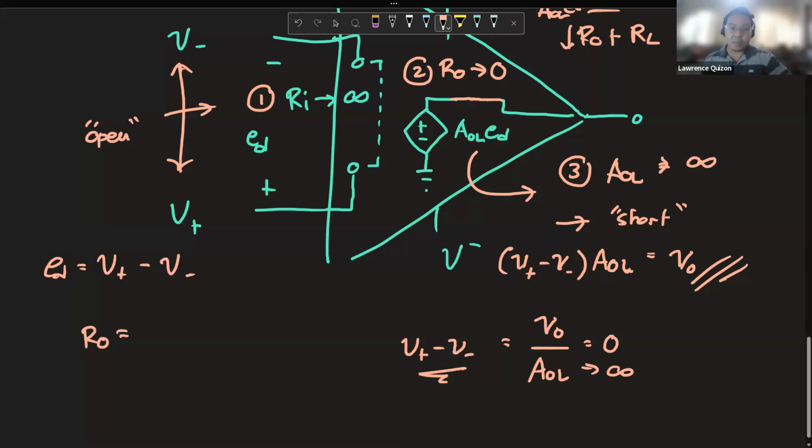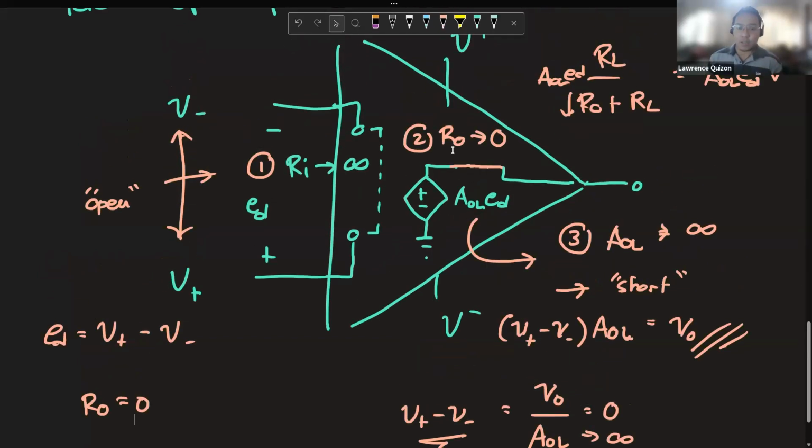So since R out equals 0, then we don't have to draw it in the circuit anymore, right? Which is what we have here, no? So wala tayong dinrawing ng R. What we have in this place is an open circuit, and what we have in the place of R out is a short circuit. So yun nga, niremove natin si R out essentially when we let it go to 0.